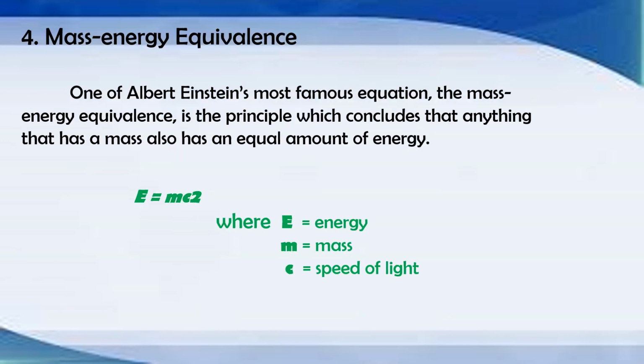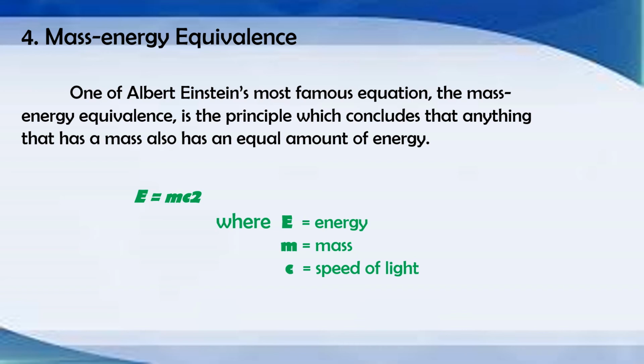So we have now the mass-energy equivalence. One of Albert Einstein's most famous equations, the mass-energy equivalence, is the principle which concludes that anything that has a mass also has an equal amount of energy. So E is equal to mc squared, where E is energy, m is mass, and c is the speed of light.